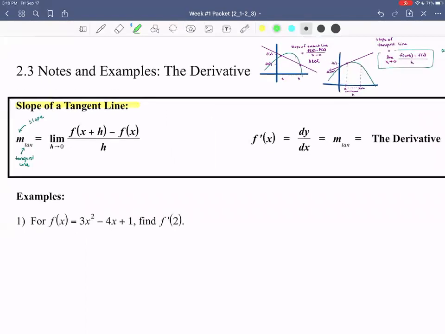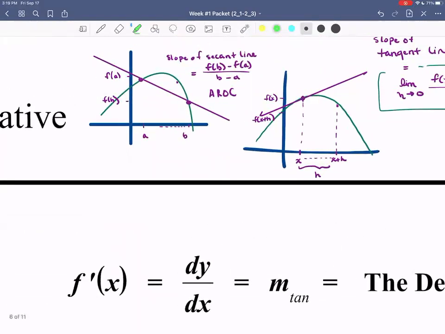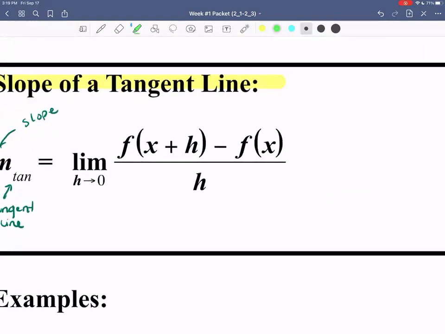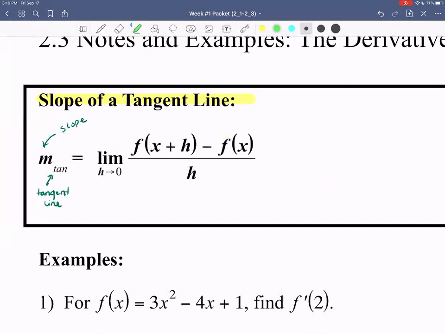The reason we went through that discussion is that I want us to see this limit as a limit of slopes, a limit of secant lines as that secant line approaches our tangent. So even though this might look complicated, there's nothing new or scary going on here. We're just taking, as we've seen before, change in y's over change in x's.